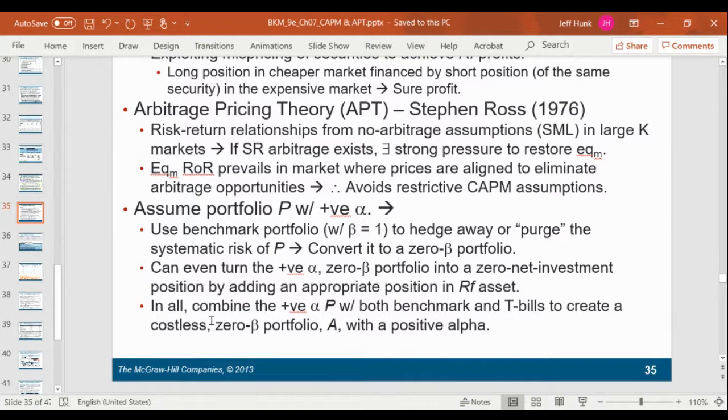So in all, combine the positive alpha portfolio P with both the benchmark and treasury bills to create a costless zero beta portfolio A. A stands for arbitrage. So an arbitrage portfolio with a positive alpha.